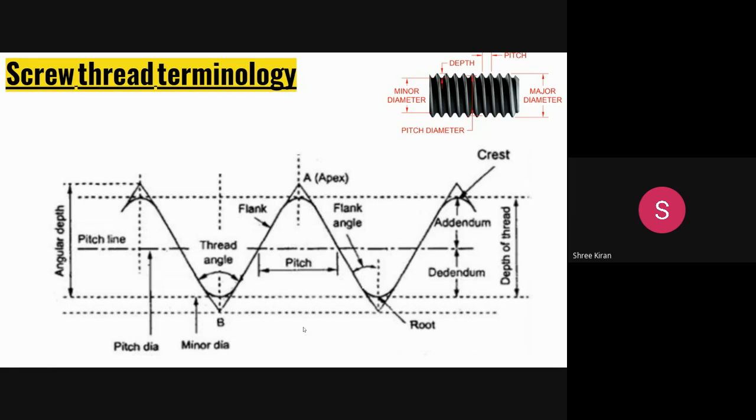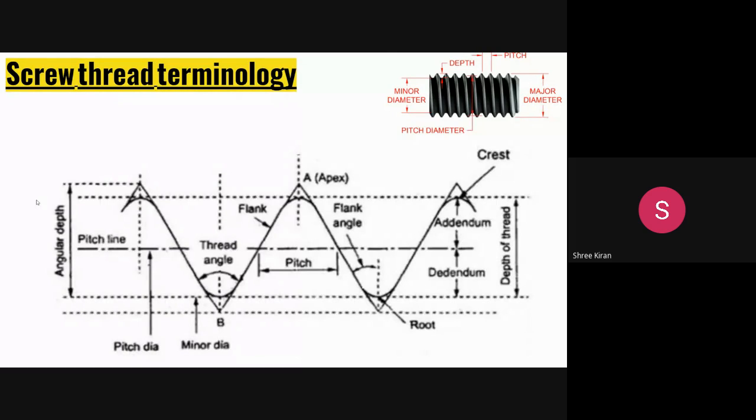These are all important terms: pitch line, major diameter, minor diameter, depth, pitch, crest, root, flank, thread angle, addendum, depth of thread. All this plays a very crucial role in determining the nomenclature of the screw thread. It is also used as a fastener in some cases.